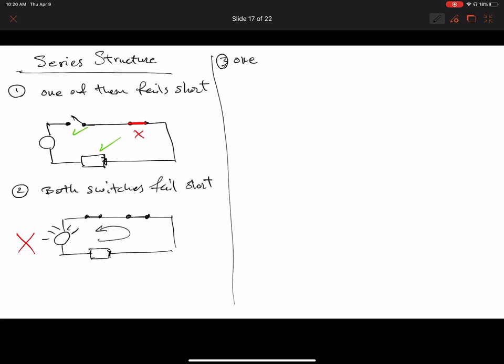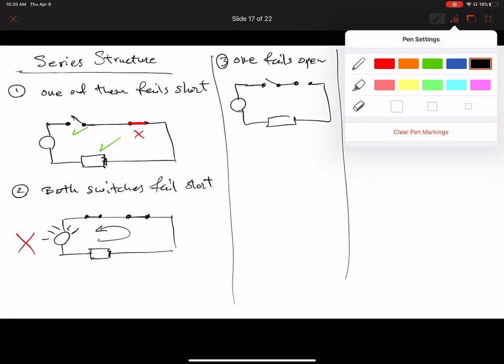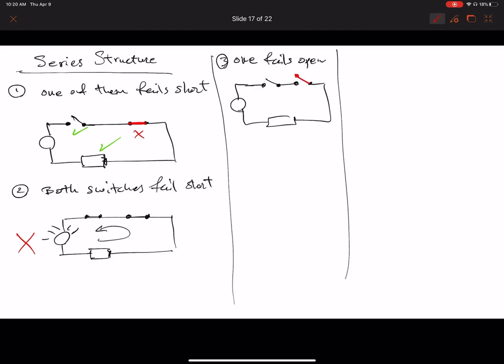The third case, one of them fails open. How does that one look? So the first one is functional. This one is failed open, which means it's stuck and doesn't let the electricity go through that point.